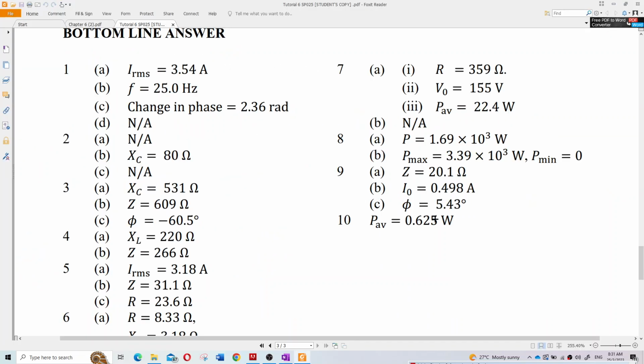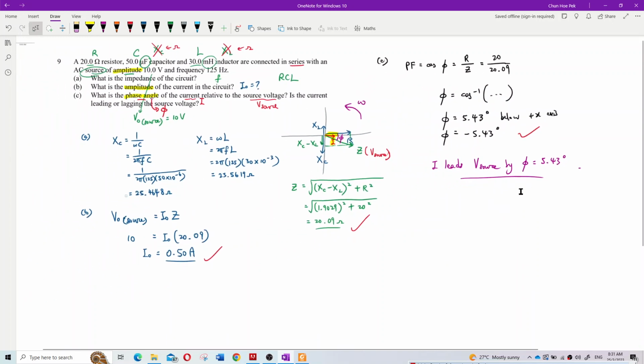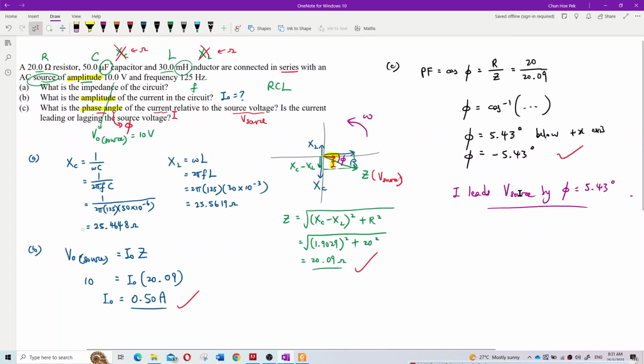Phi is 5.43, correct. The current is leading the V source by this angle, 5.43 degree. So that's the answer for question 9.